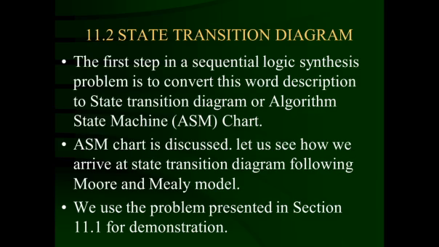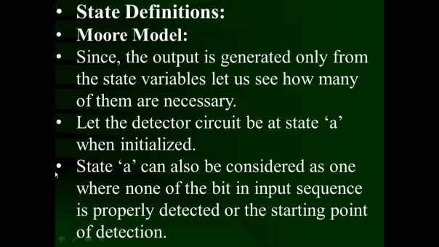ASM chart was discussed previously also. Let us see how we can arrive at the state transition diagram following the Moore and Mealy models. We use the problem presented in section 11.1 for this demonstration.